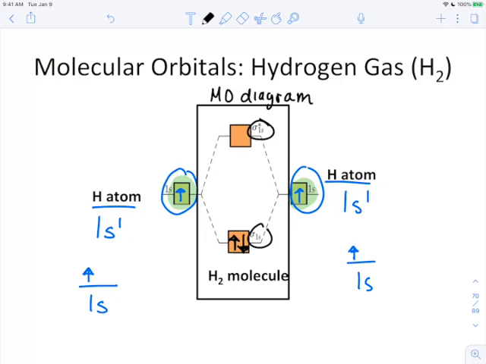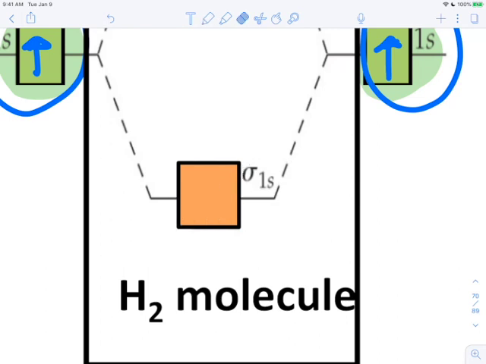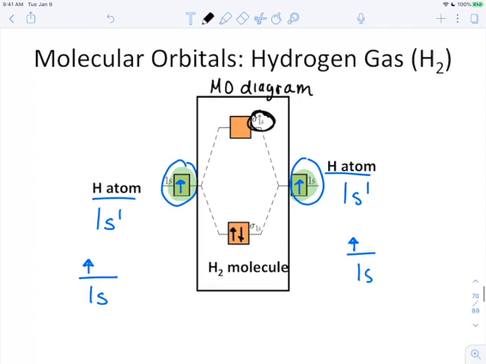And when these are in here together, we must have an arrow up and an arrow down. We can never put 2 up or put 2 down. So an arrow up and an arrow down, and we have to complete that one before we move up to the one above. So I want to talk about this one a little bit more, but any questions about what we've done so far?